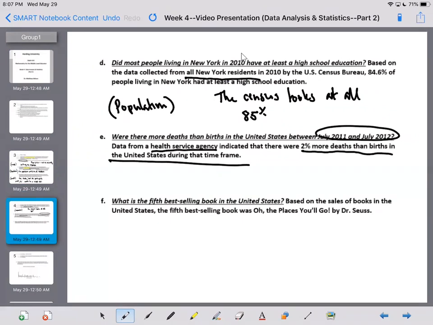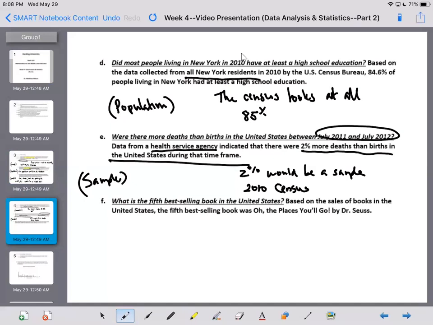Well, so Part E, when we're seeing that 2% would be a sample, because the census didn't occur at that time. The census occurred in 2010. So in 2010 was a census at that time, and then we're looking at 2011 to 2012. So this would be a sample during that time frame.